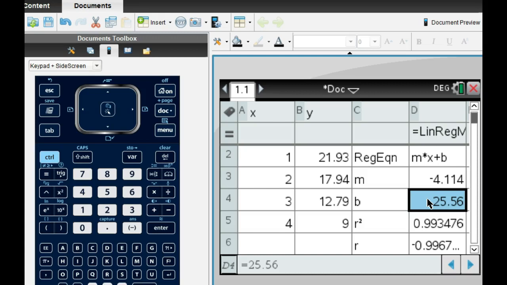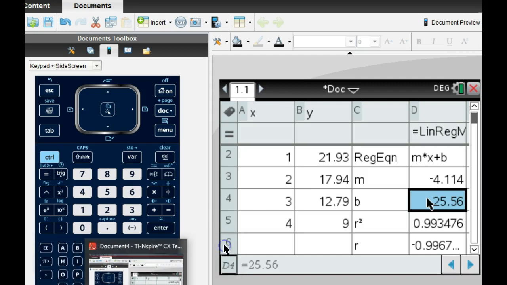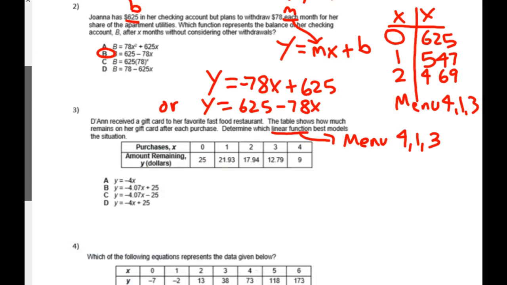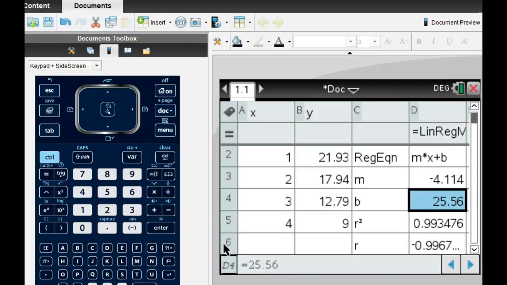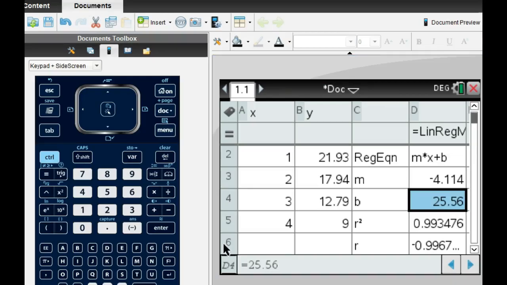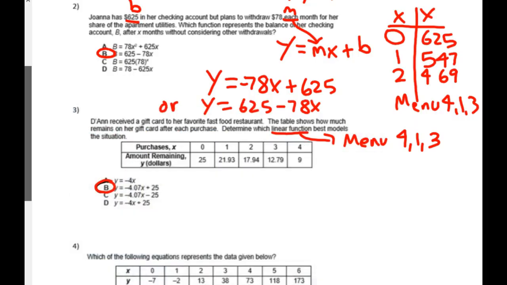The closest one with an M of negative 4 point something and a B of 25 would be B. B is the closest. Okay, this is too rounded.